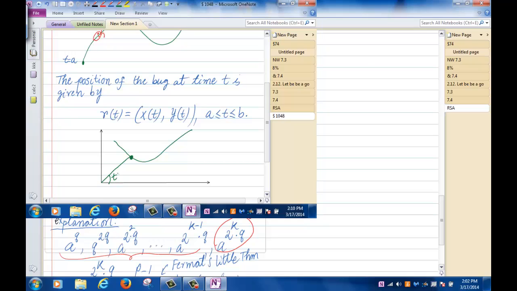Okay, so I am telling you the position of the bug as a function of t, where t represents the angle of inclination. Maybe the origin is its home or something. So you're looking at what's the position of the bug when the value of the angle of inclination is this. Okay, so it doesn't have to be time. It could be some other parameter. Okay, it's not necessarily time, but I find it very useful to think of curves as a position of a moving object. So it's useful to think about t as time.